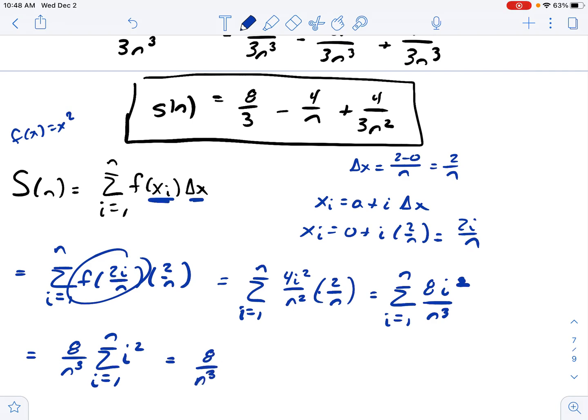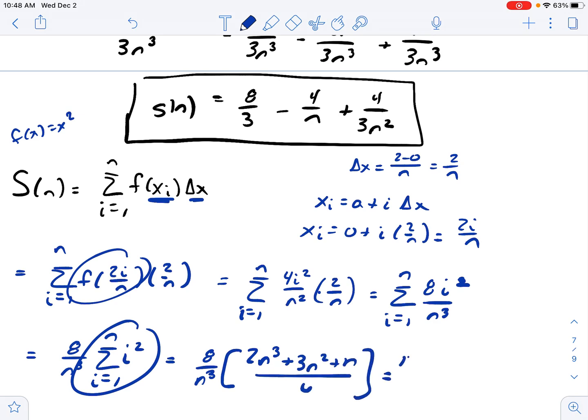And now we're going to have 8 over n cubed times what we get for that particular summation of i squared, which again you can use n times n plus 1 times 2n plus 1 over 6, or I'm going to use the expanded one again, 2n cubed plus 3n squared plus n over 6.